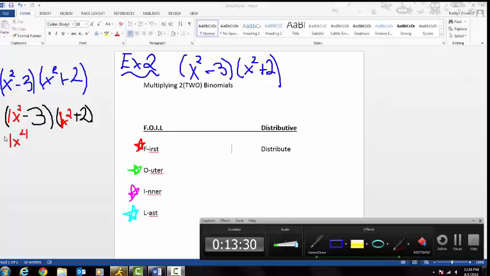So now we are going to multiply our outer terms, which is going to be in green, which is x squared minus 3 and x squared plus 2.